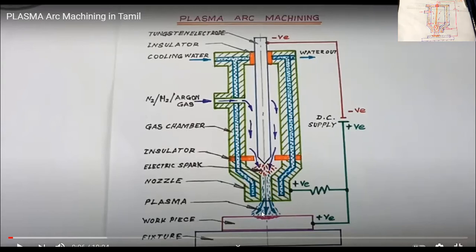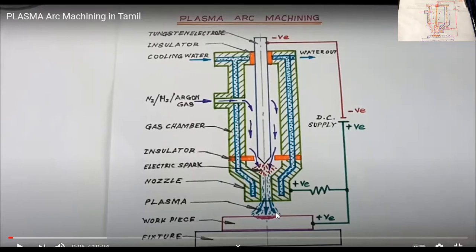So due to the flow of plasma, we can find some melting and vaporization on the surface of the workpiece, which will lead to the formation of a crater, or removal of material.